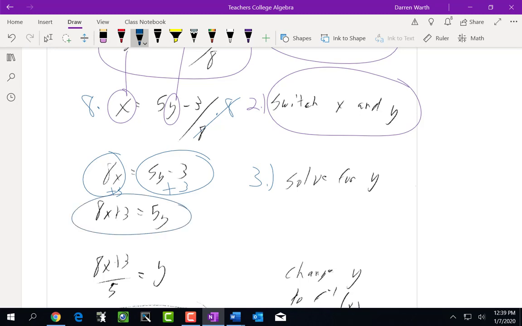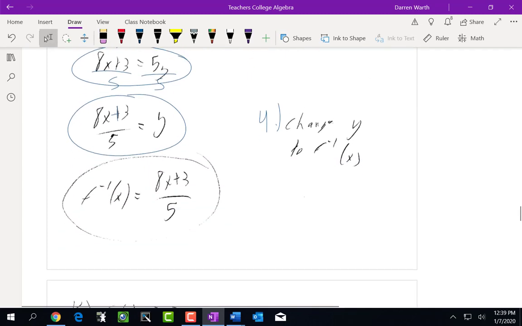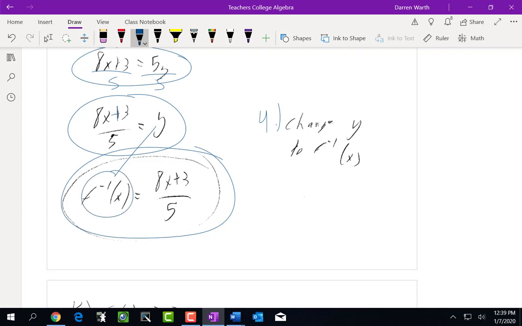Then I'm going to divide both sides by 5, so I get 8x plus 3 over 5 equals y. In step number 4, I'm going to change my y to my new notation that means inverse. I'm going to rewrite this as f inverse of x equals 8x plus 3 over 5. So my y becomes my f inverse. And that's how you find your inverse function.